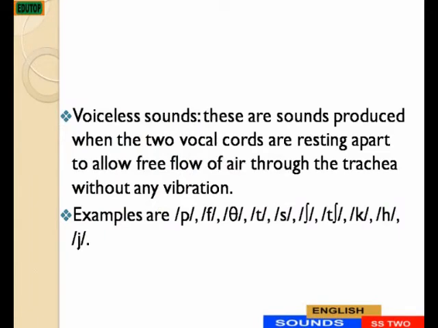The voiceless sounds. The voiceless sounds are produced when the two vocal cords are resting apart, allowing free flow of air through the trachea without any vibration. So they are opposites. The voiced sound involves the vocal cords coming tightly close together, while the voiceless sound has to do with the vocal cords resting apart.